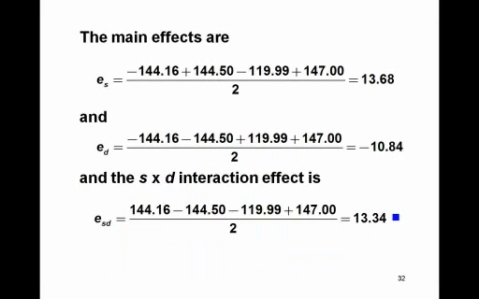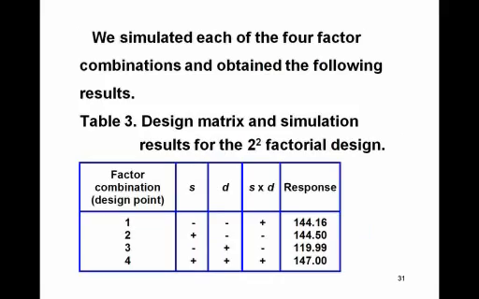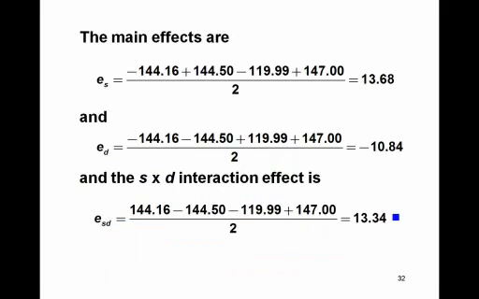Now, we can compute our main effects. To get the main effect of little s, all we're doing is taking the column of signs in the little s column, multiplying it by the column of responses, and we end up with $13.68.